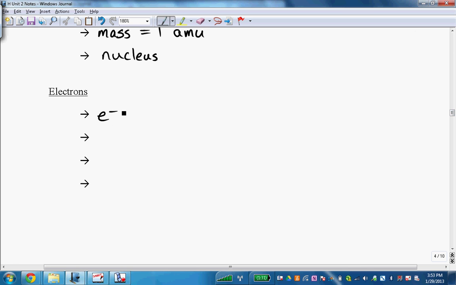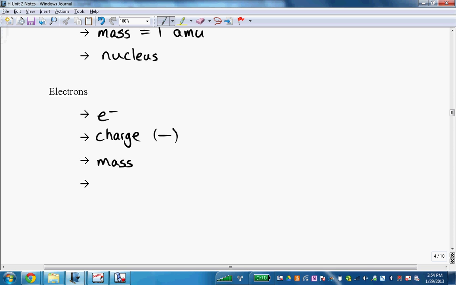The electron, its symbol is a lowercase e with a negative sign. Its charge is a negative 1. So we say it has a charge equal in magnitude and opposite in direction from a proton. 1 electron can cancel out 1 proton. Its mass is tiny. Now, we know that the atom is tiny, and that compared to the atom, the nucleus is tiny.